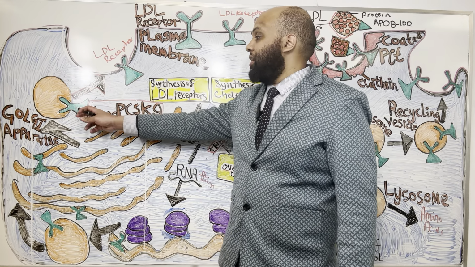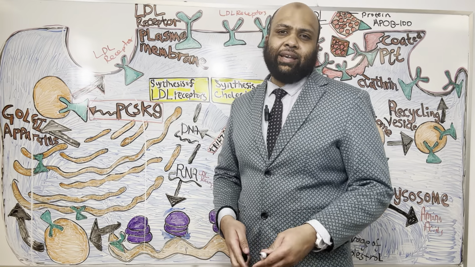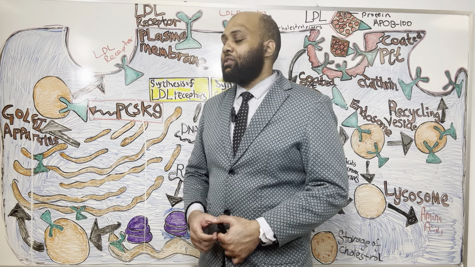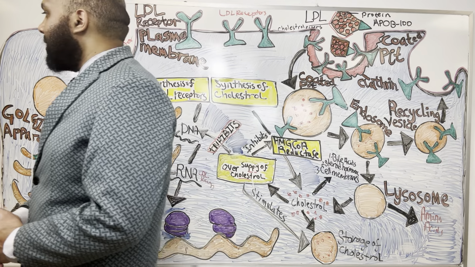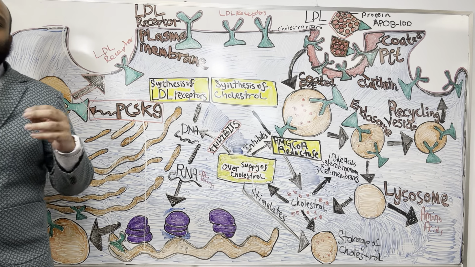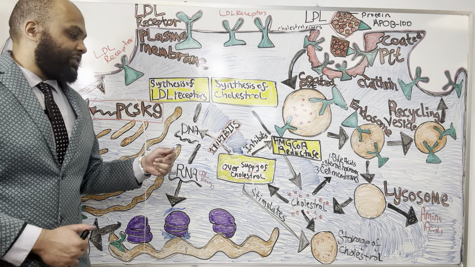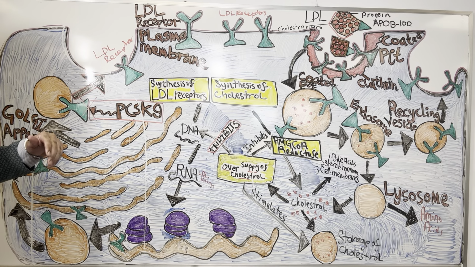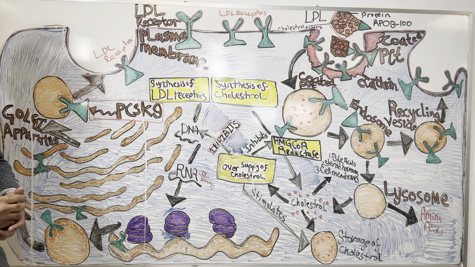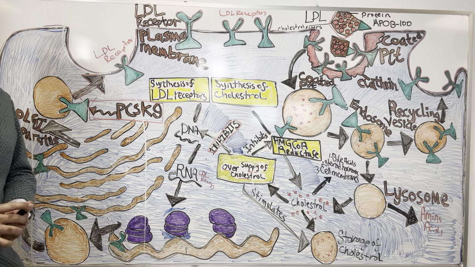You see, it has an X on this LDL receptor. This is a very important step in understanding how the LDL receptors are recycled and used as a way to monitor the metabolism of cholesterol.